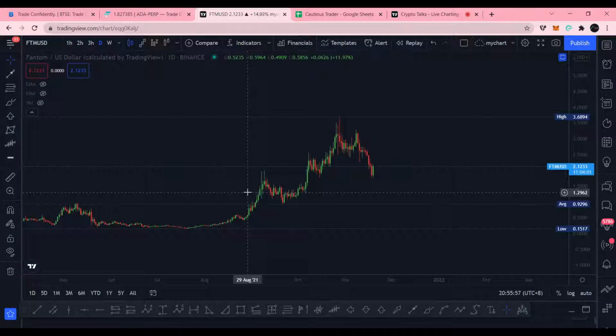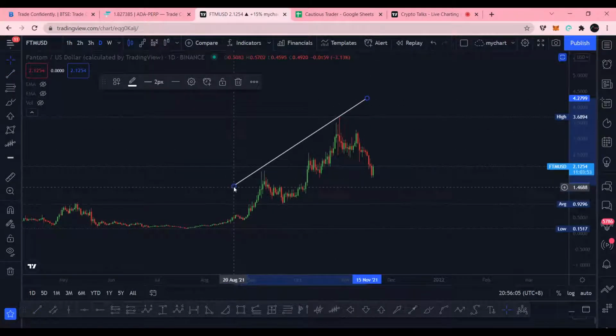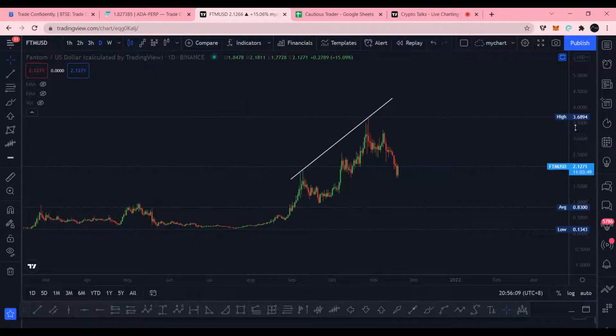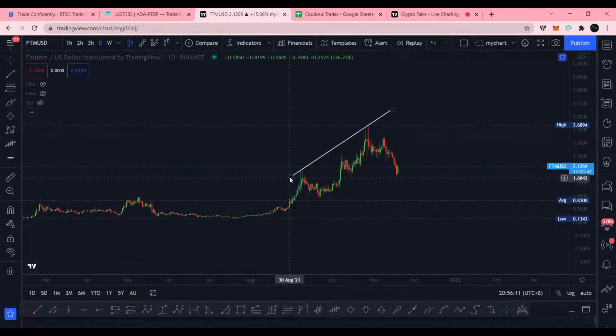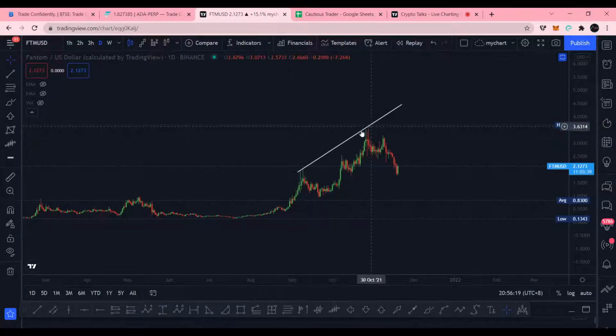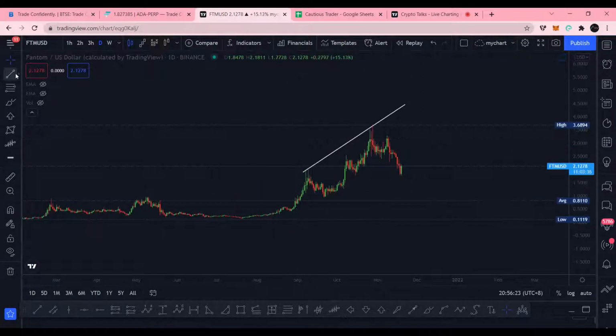So Alt T. You need at least 2 points to make a trend, but of course, the more points it touches, the stronger that resistance or support will be.